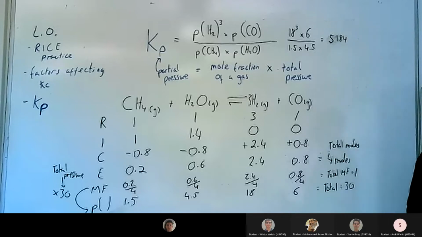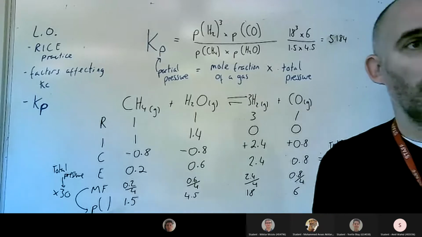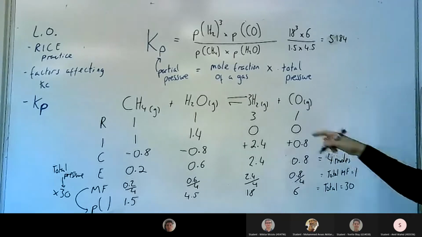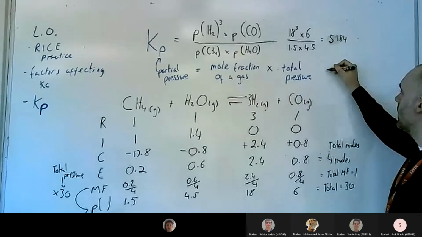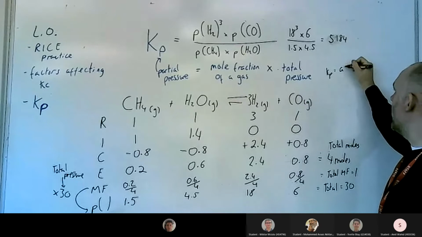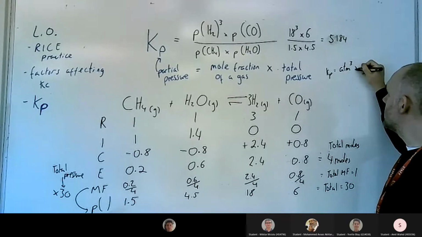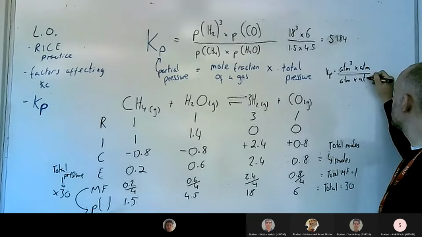Now we're going to need units again. The units they gave us for total pressure were in atmospheres, so we're going to substitute atmospheres in here. The units for this Kp can be different for different Kps. We've got atmospheres cubed times atmospheres over atmospheres times atmospheres.